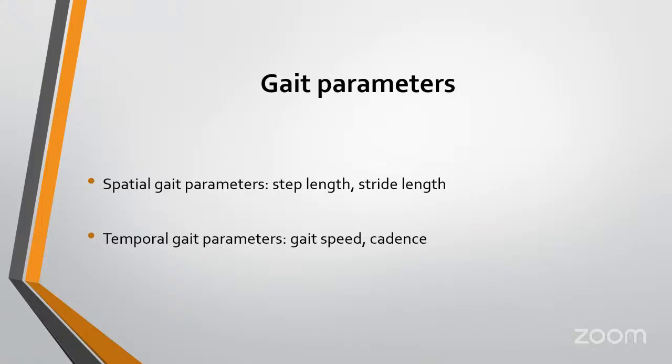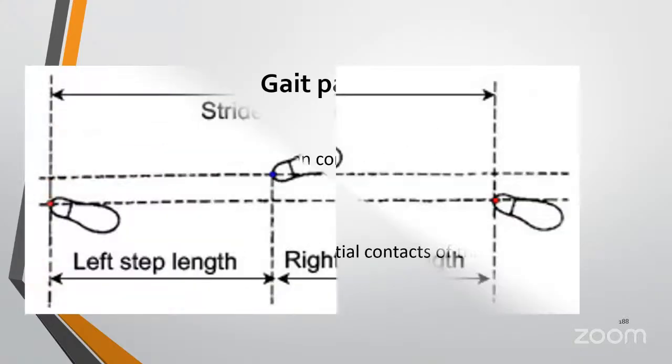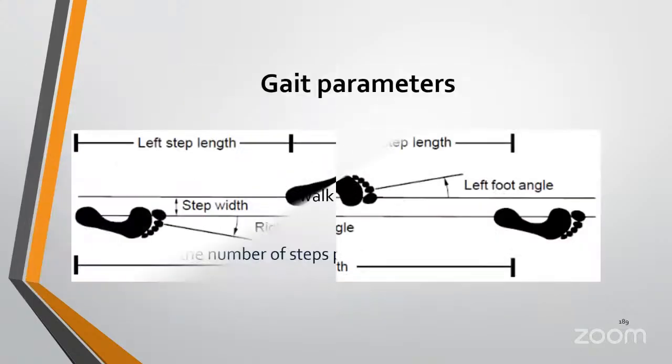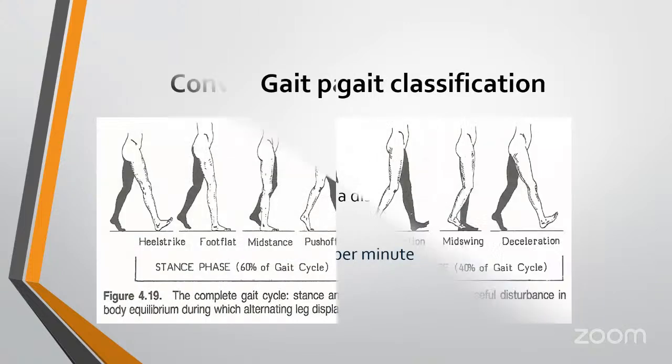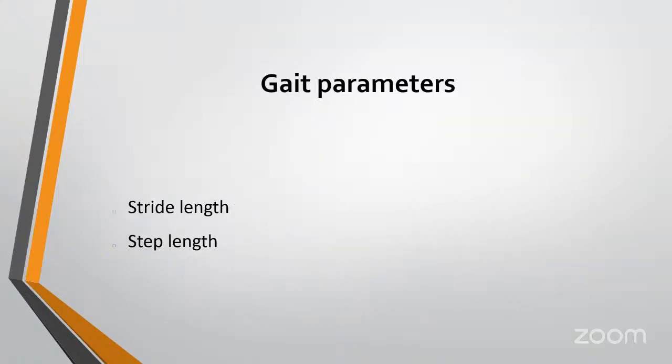We have stride length. We have step width. The temporal, for example, we have gait speed. We have cadence. We have so many things that we want to know. So if there's a problem somewhere, you're able to tell where the problem is from those parameters, and we go and manage.